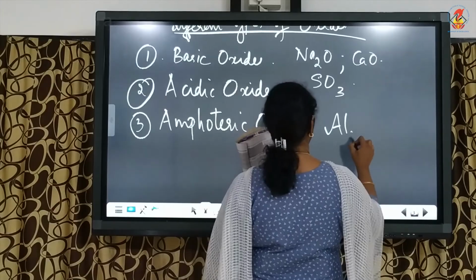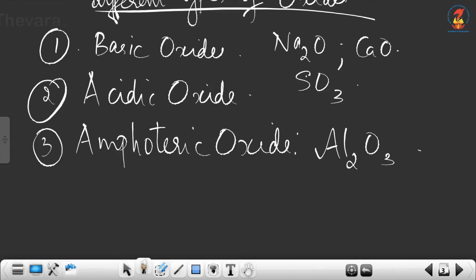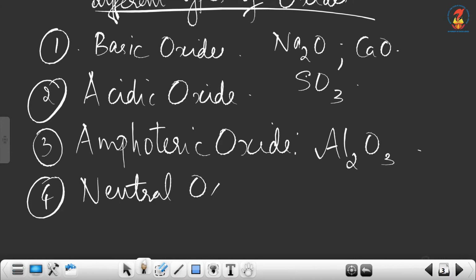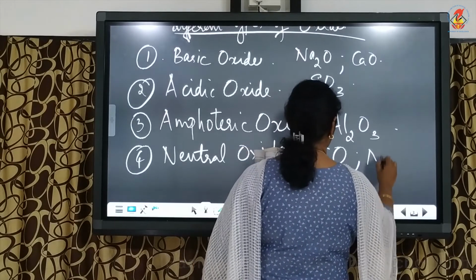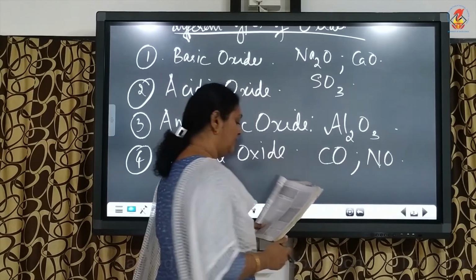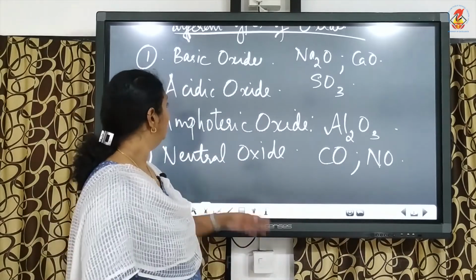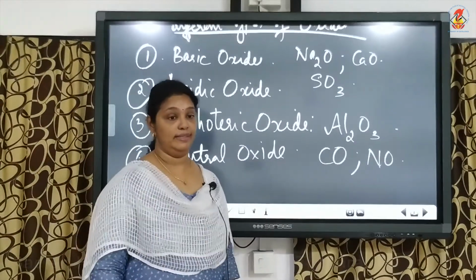Formula of aluminium oxide is Al2O3. Now, the next type of oxide is neutral oxide. Neutral oxide means they have no acidic or basic properties. Examples for neutral oxide are carbon monoxide, CO, nitric oxide, NO, etc. So, these are the 4 types of oxides.